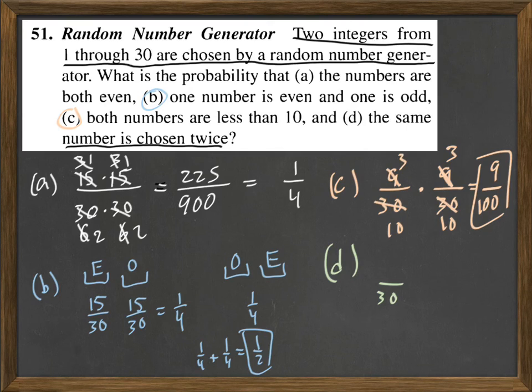You can choose any number you want, so it's actually 30 out of 30, which is just 1. The first event doesn't matter. Then you multiply it times the second event. With the second event, there's only one option for the top, and there's a total of 30 on the bottom, so our answer for this one is just 1 over 30.